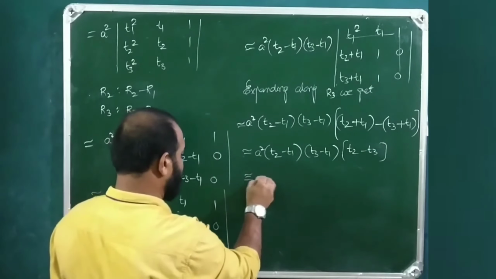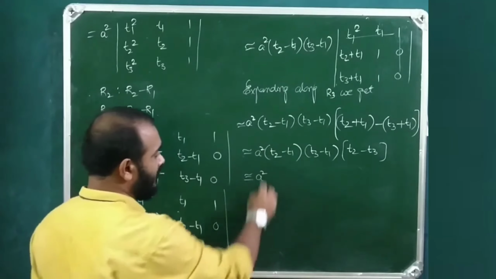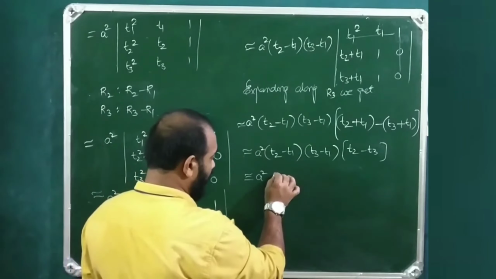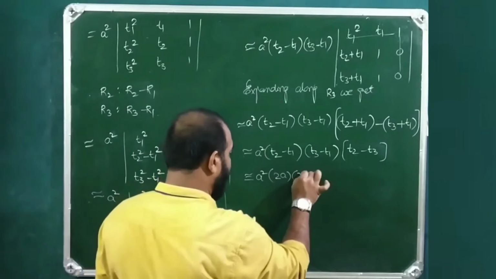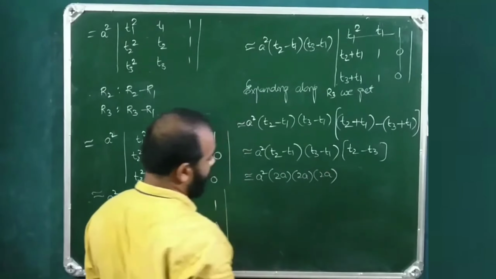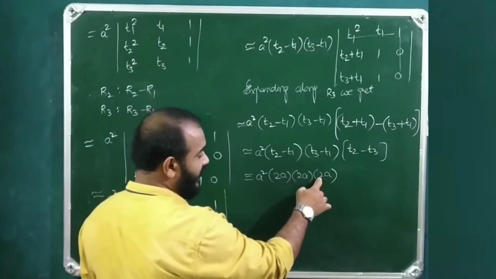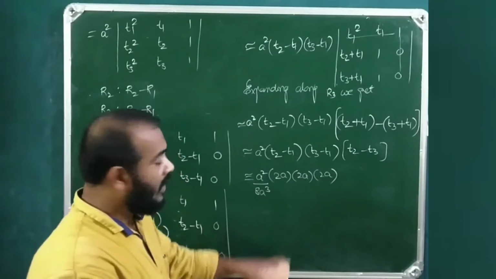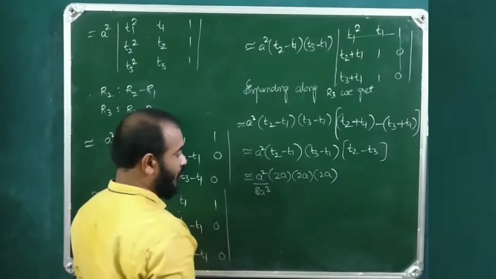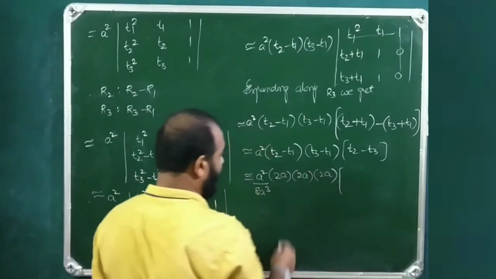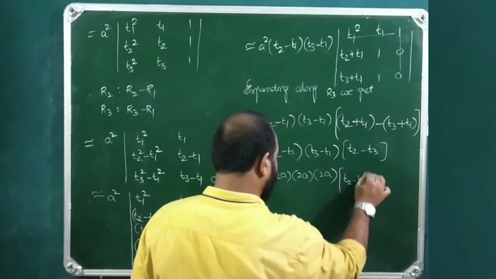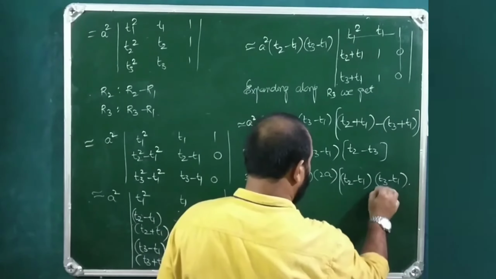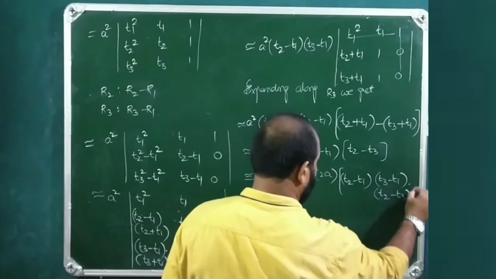Now this is equal to A square. Here what I am doing is I will multiply with 2A into 2A into 2A. So 2 to the 4, 4 to the 8, 8A cube. 8A cube I will divide also. So dividing and multiplying with 8A cube, we are left with T2 minus T1, T3 minus T1 into T2 minus T3.